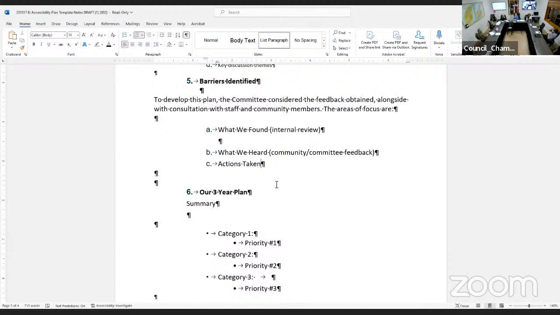recommendations, right? When I looked at the Poco work agreement, it essentially collapsed those two sections, barriers identified and actions, and did them by category. So it says transportation, these are barriers we found, these are actions taken, and it does them both in the same place.